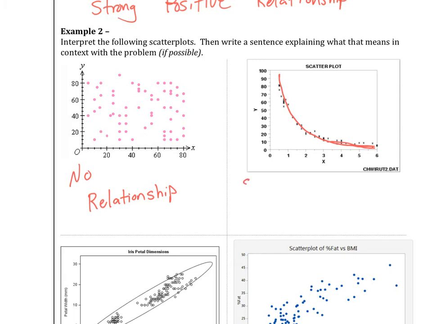If they're really close, it's going to be a strong relation. So it's strong, negative, and it's curved. Strong, negative, curved relationship between X and Y.